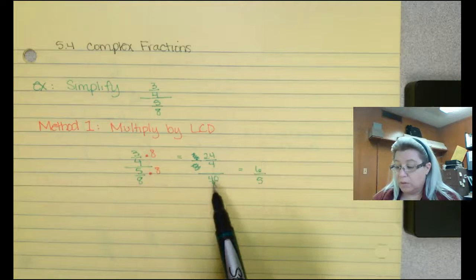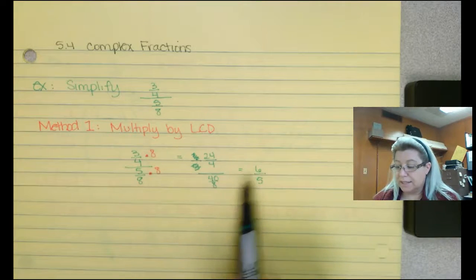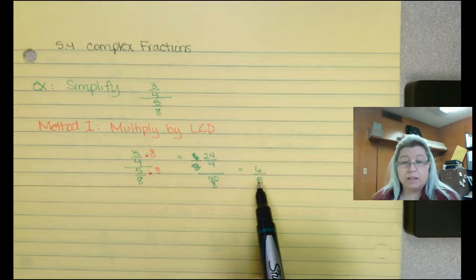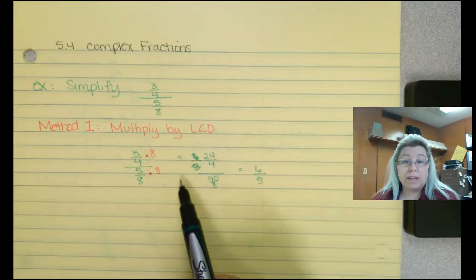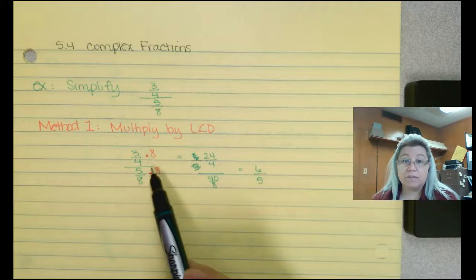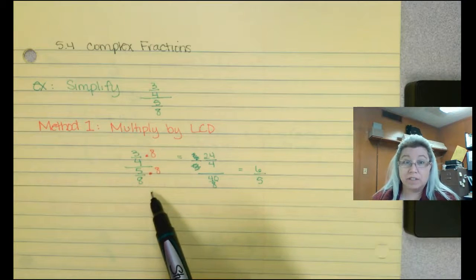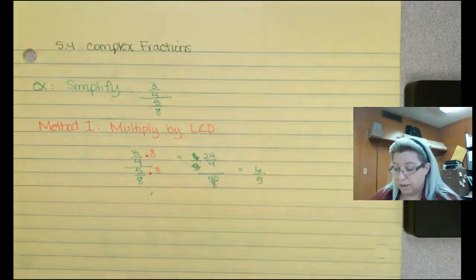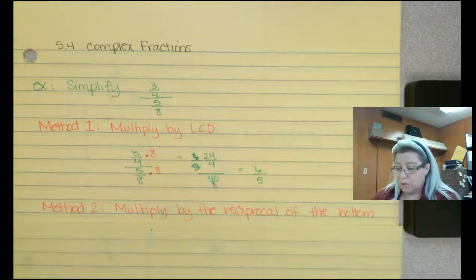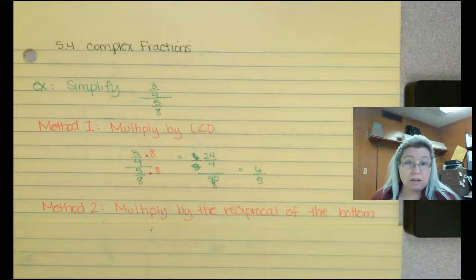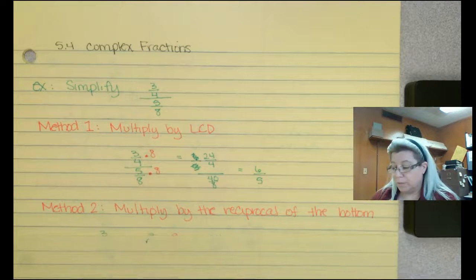Then we can reduce both of these fractions to 6/5. So we multiply both the numerator and the denominator by the LCD of the denominators of the individual fractions. That's method one.